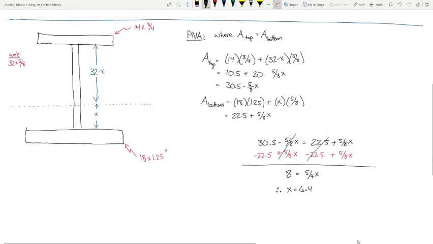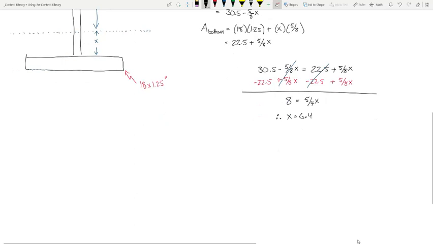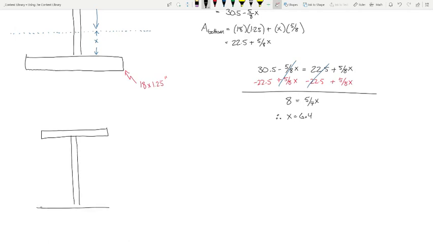So, to clarify, here's this line right here, where this dimension is 6.4.